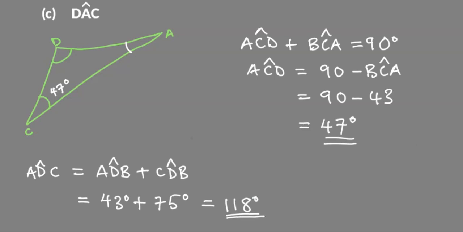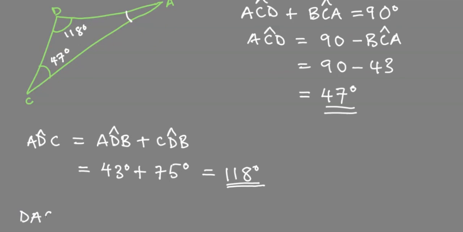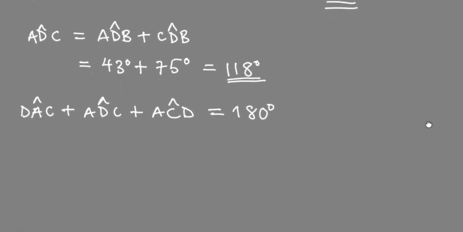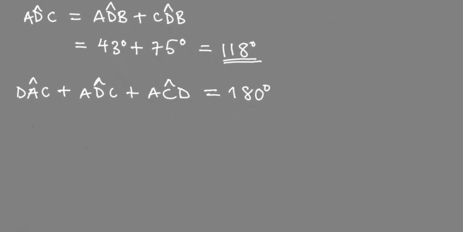These two angles we found are very key as we are finding the angle DAC. DAC plus the angle ADC and the angle that we found, ACD, are going to give us 180. So for us to find the angle DAC, we're just going to make DAC the subject of the formula.